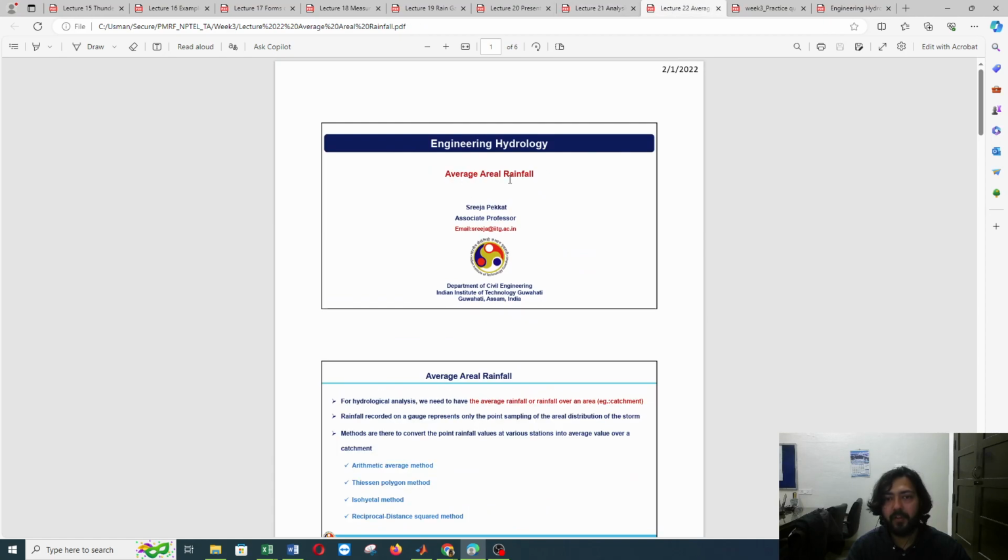Then we looked into how we can take the average areal rainfall. There are three techniques. First is the simple arithmetic mean. Next, you can divide the area into a number of polygons, multiply the precipitation value for each area, and take the weighted average, which gives you the average precipitation value using the Thiessen polygon.